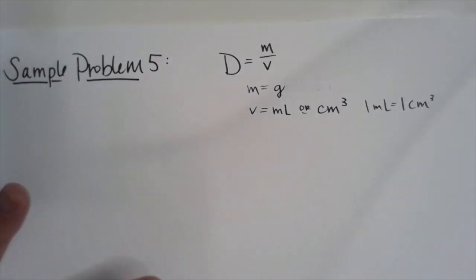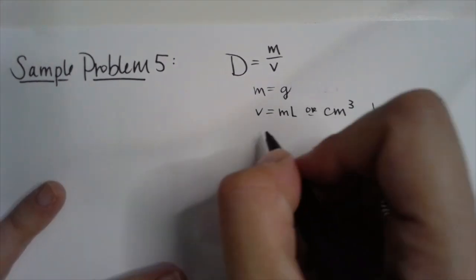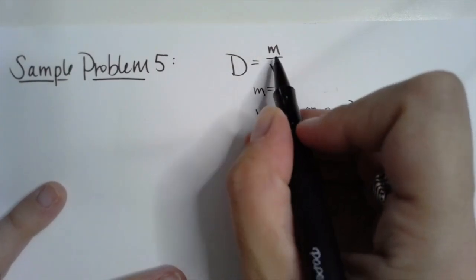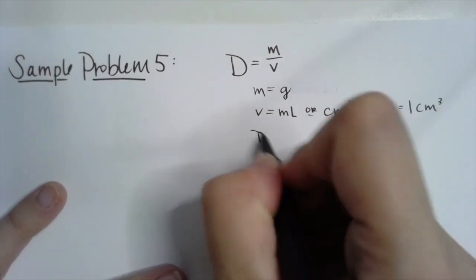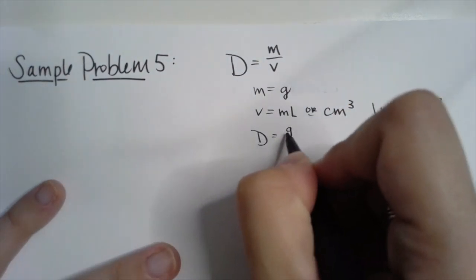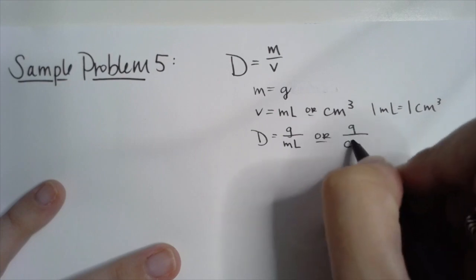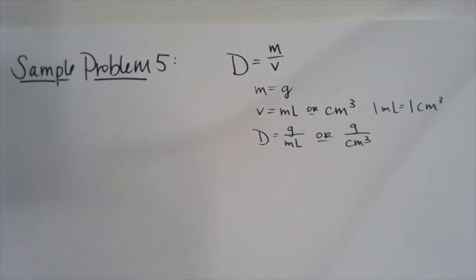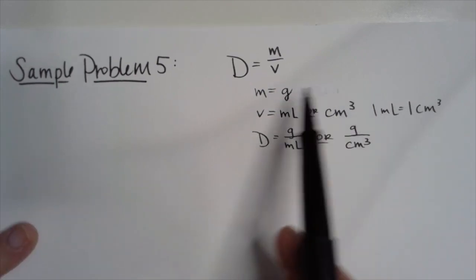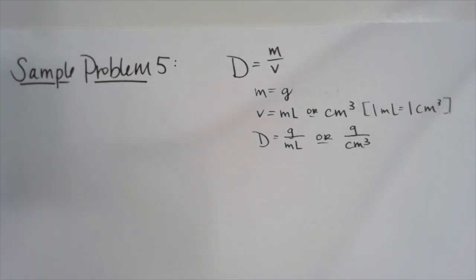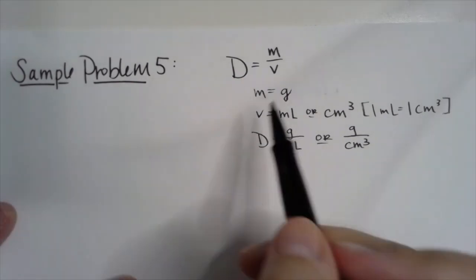And therefore, since you're taking grams divided by milliliters or grams divided by centimeters cubed, density is going to be in units of grams per milliliter or grams per centimeter cubed. It just depends on whatever unit your volume was given in. So just be aware of each of your units here. This first one, we're just going to use D equals M over V. We really don't need the triangle because we're solving for density.